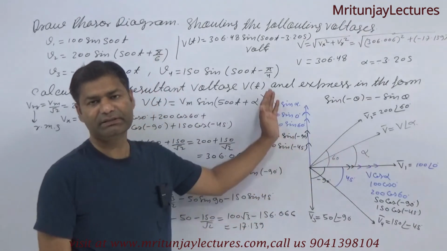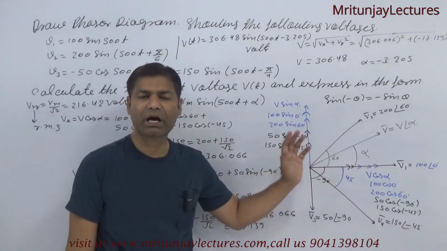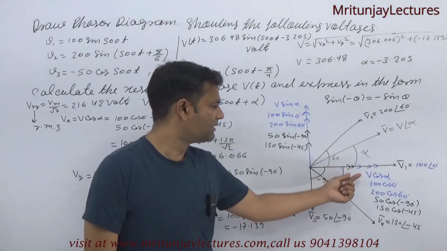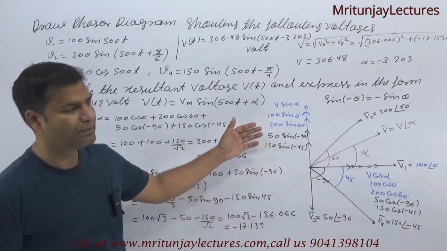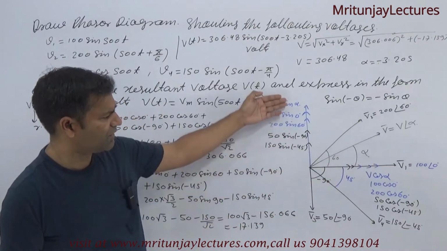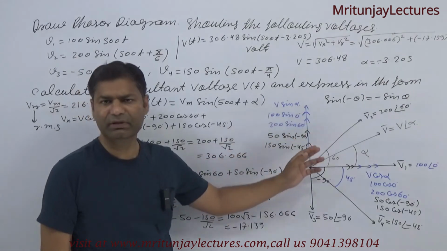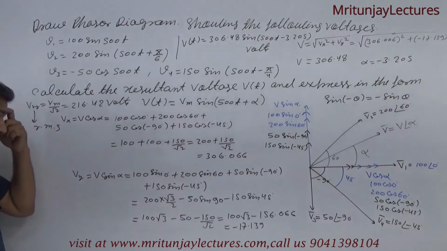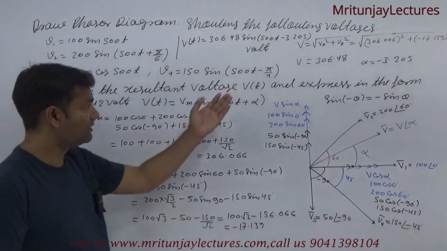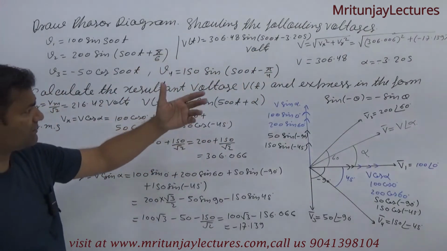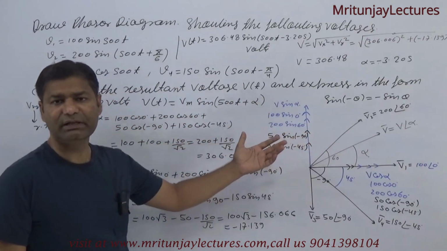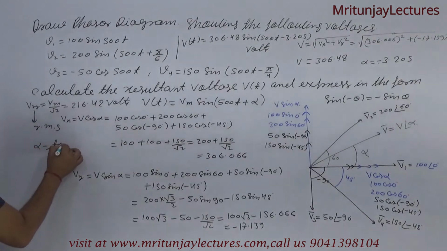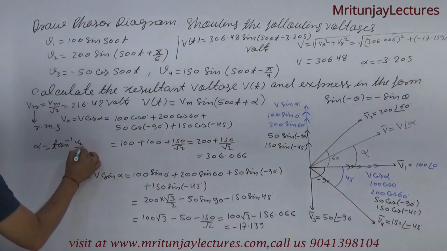The sum of all components along the x-axis is equal to the resultant V cos alpha, and the sum of all components along the y-axis is equal to V sin alpha, and we get the V peak value by taking the square root of the sum of squares, and alpha is tan inverse Vy by Vx.